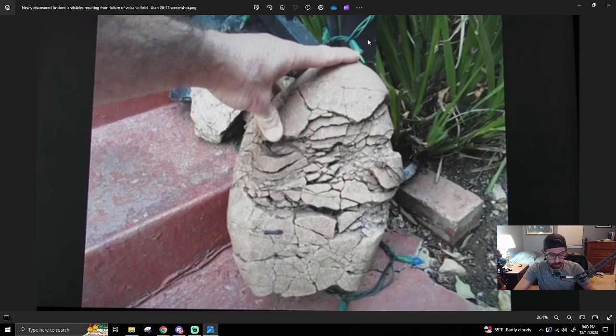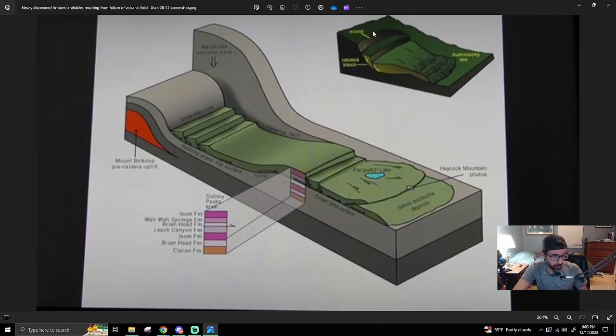Let's keep going then. Okay, we caught up to some stuff. Here's some of the landslide, Marysville volcanic field. Because we're thinking in a more traditional sense, there's this volcanism, and we want to tie the volcanism to the cause of the slide, right? There's this volcanic field, it's getting more and more volcanic material on the surface.